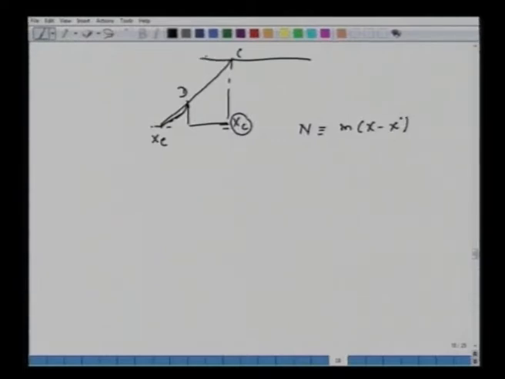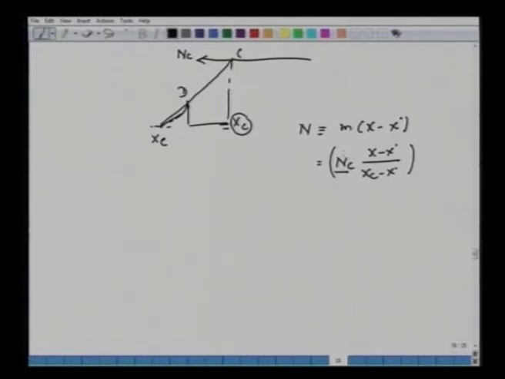Since we know this nc, which will satisfy the equation of this line, we can say that the slope is nothing but nc over xc minus x star. So there's another approximation one can do for this nc here.